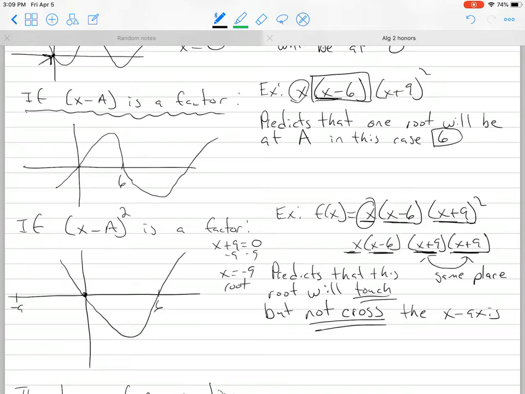I got negative 9 over here, and this thing is going to touch right here, and this counts as 2.